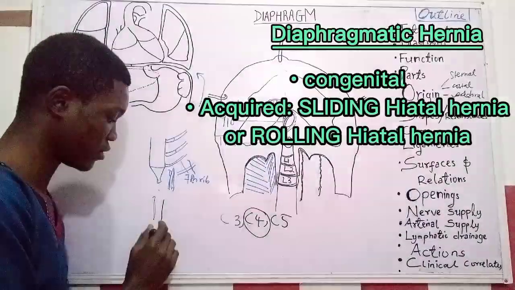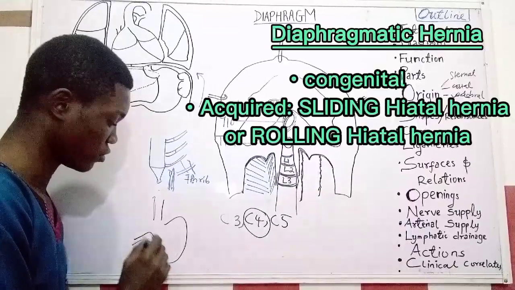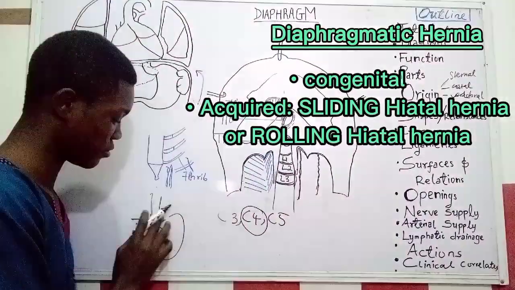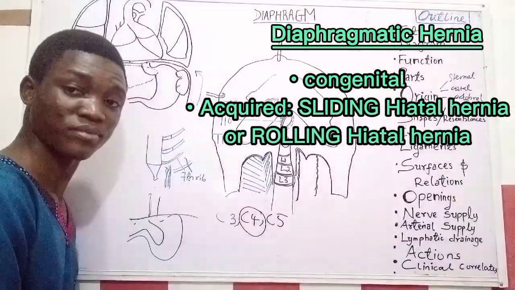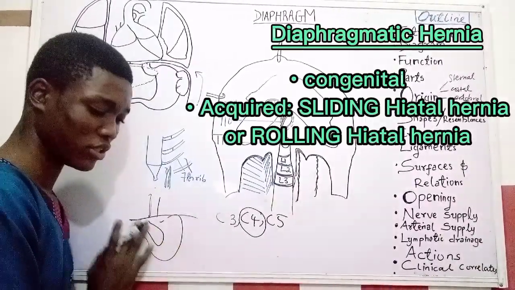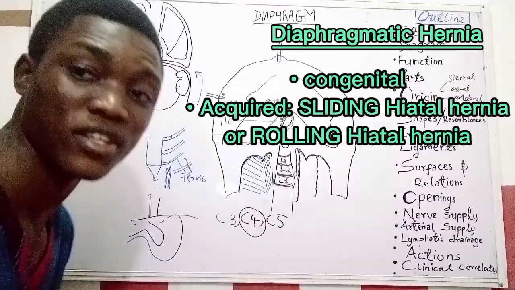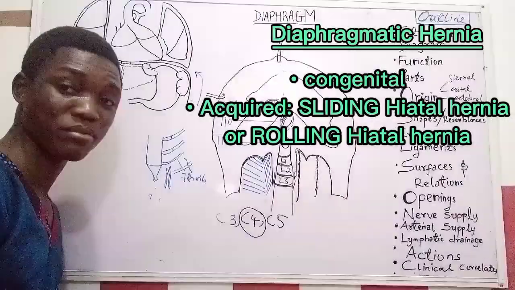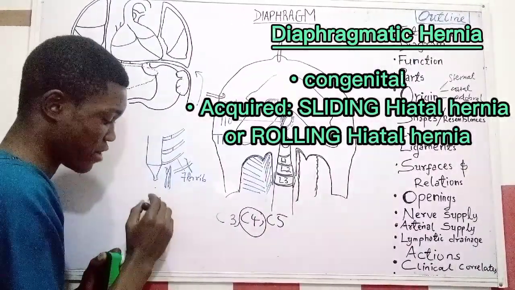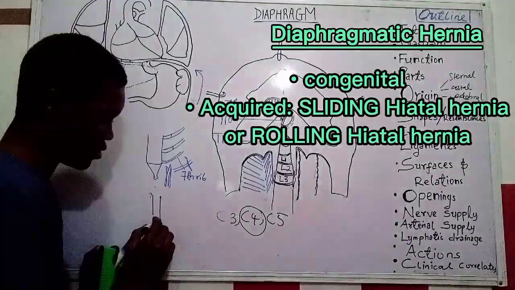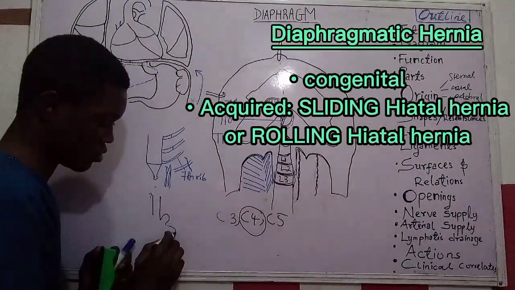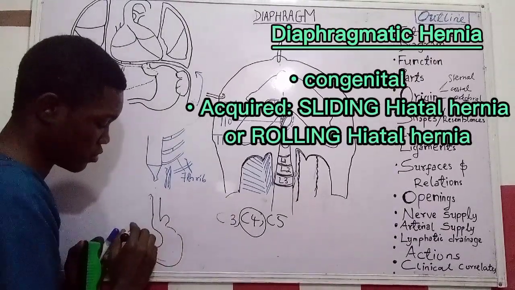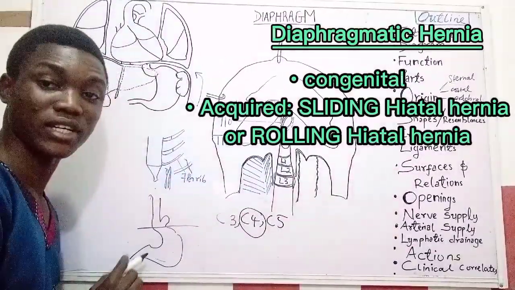Okay, so for the hiatal hernia occurring in the diaphragm, we have something like this. So this is the esophagus, of course this is the stomach. So this is the diaphragm. So in this condition, instead of having something like this, in the hiatal hernia, what simply happens is that the diaphragm, so this is the gastroesophageal junction.